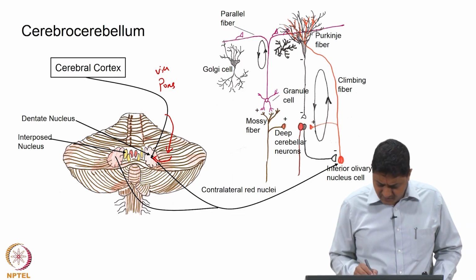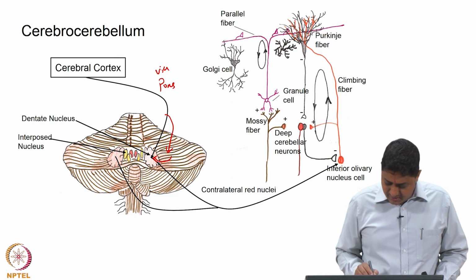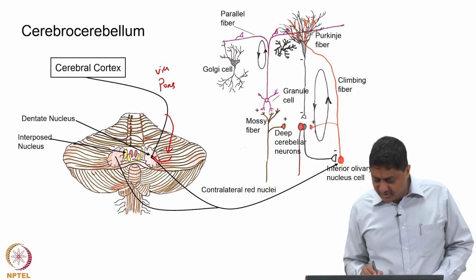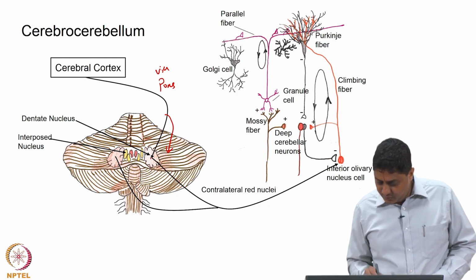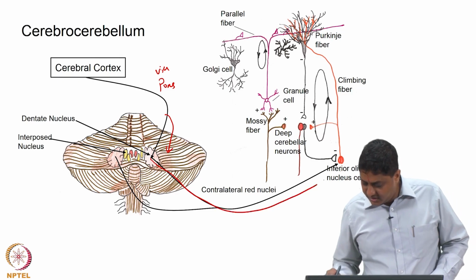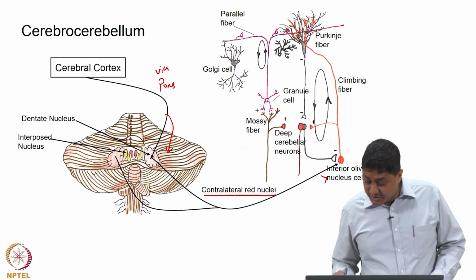So, that happens, and then from the dentate nucleus, the output nucleus, there is a projection to the inferior olive. How? Via the contralateral red nucleus.